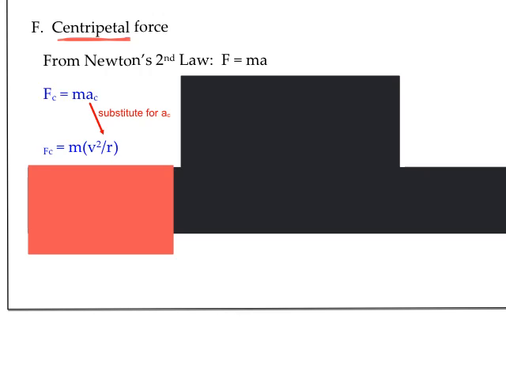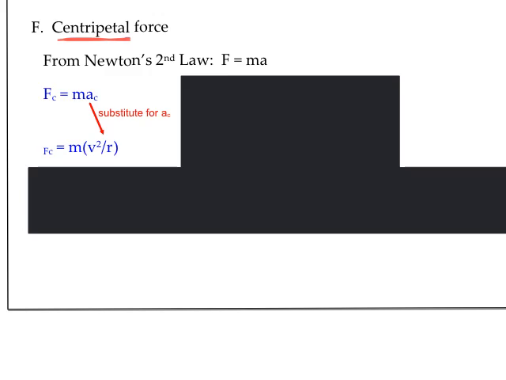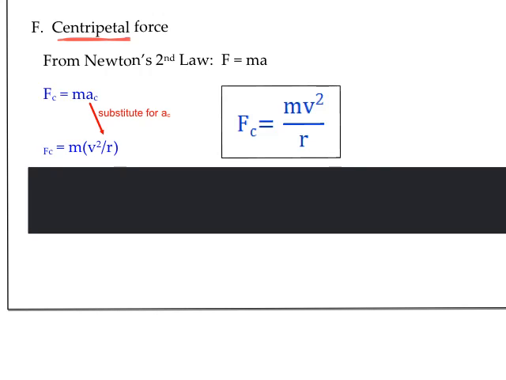And then once we put all of that together, that gives us a final formula of the centripetal force is equal to the mass times the speed squared or velocity squared divided by the radius of your circle. And just like all of our forces in the previous unit, this one will still be measured in newtons.